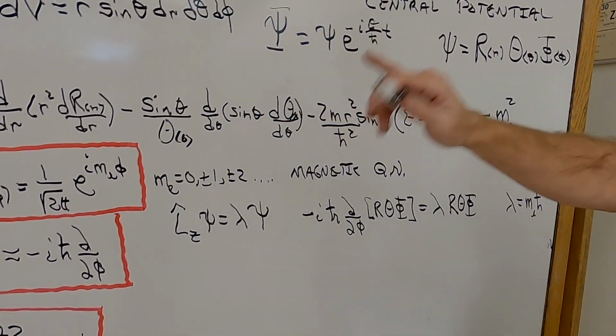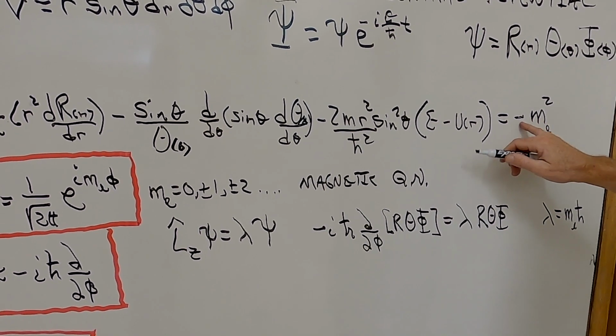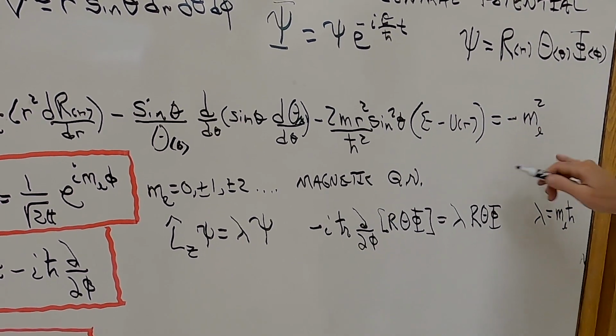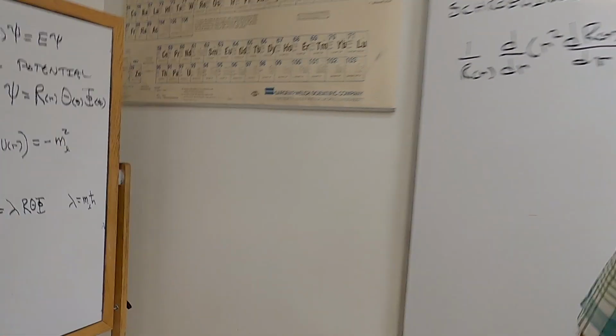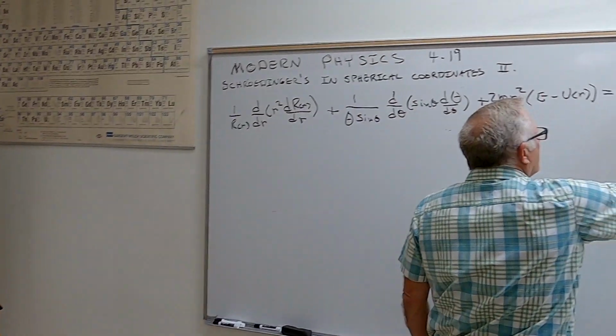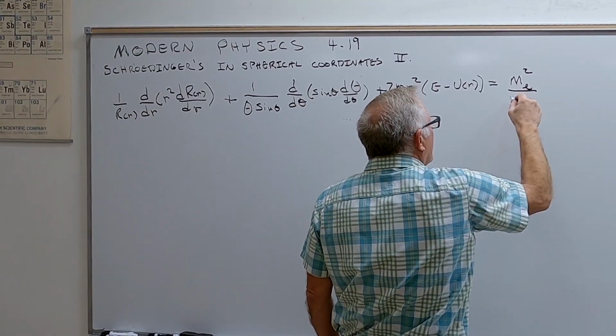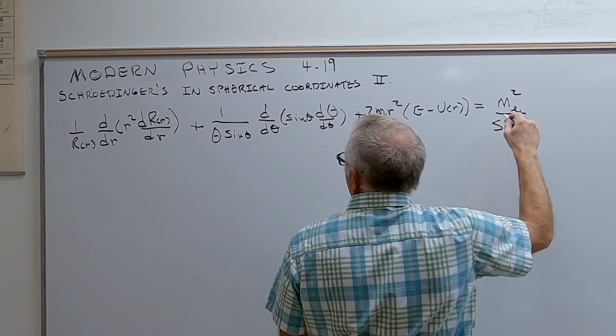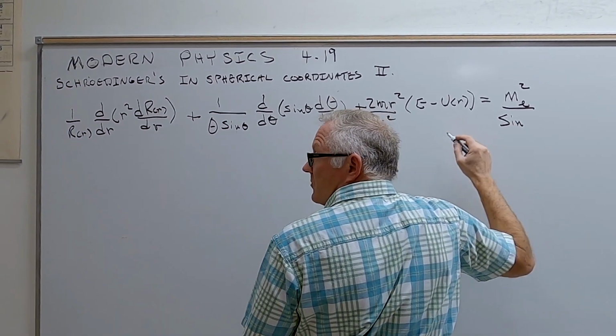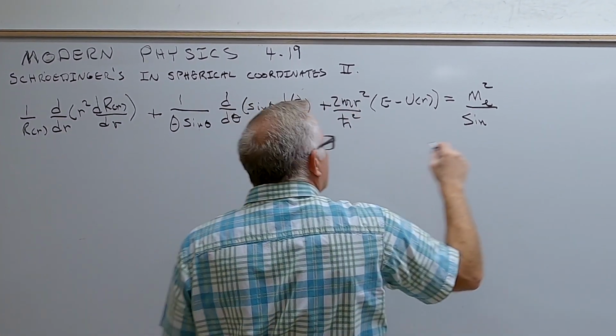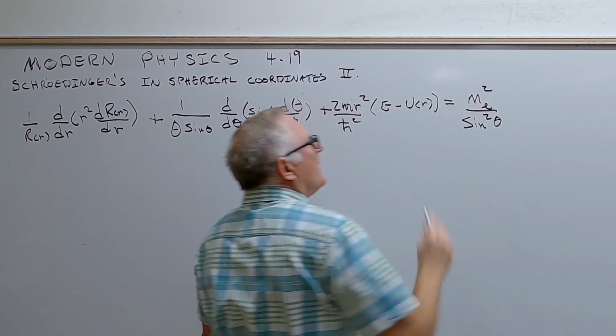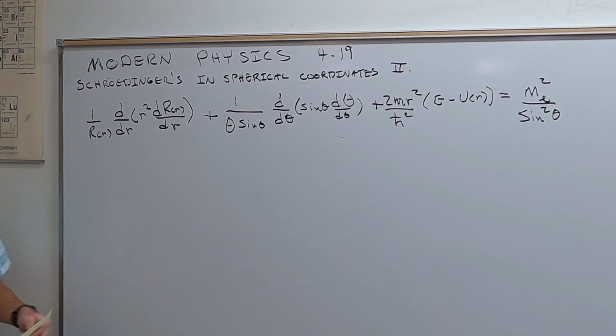Well, we're dividing by minus sine squared, so it'd be a plus m sub l squared over sine squared theta. We're dividing by sine squared. Okay, that's all I did to that right there.